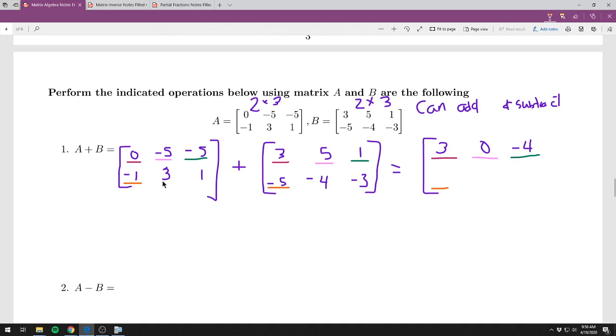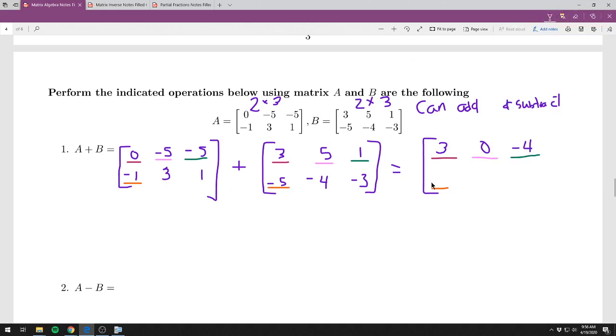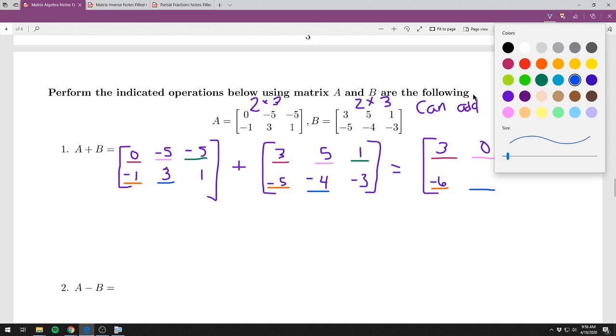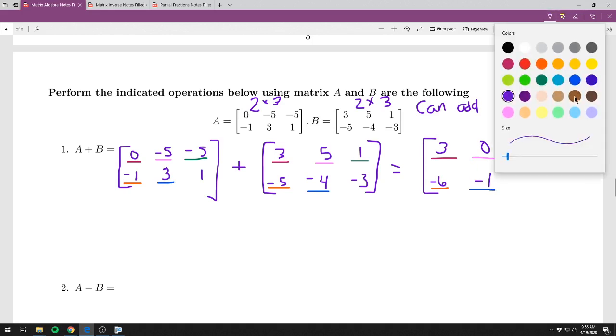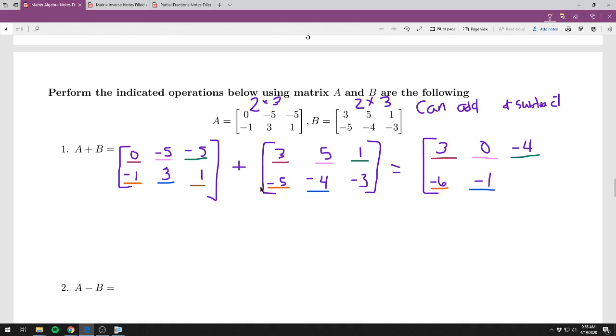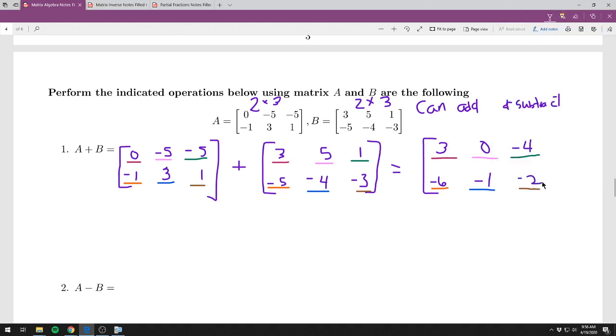First column, add those two. -1 plus -5 is -6. 3 plus -4, 3 minus 4, is -1. And finally, the last entry, 1 plus -3 is -2. And this is the matrix A plus B.